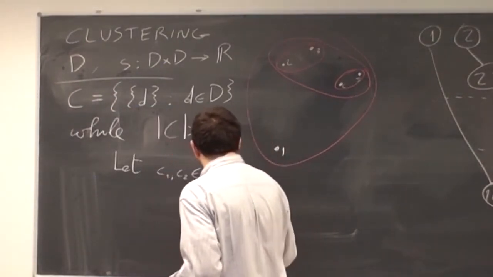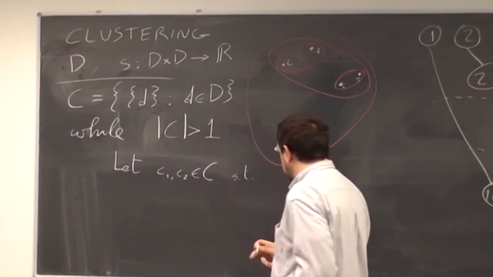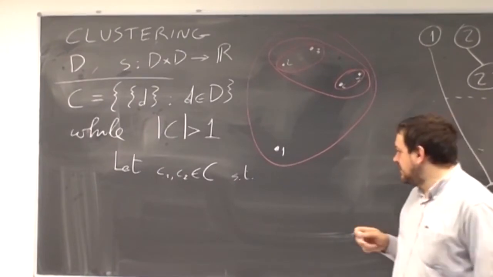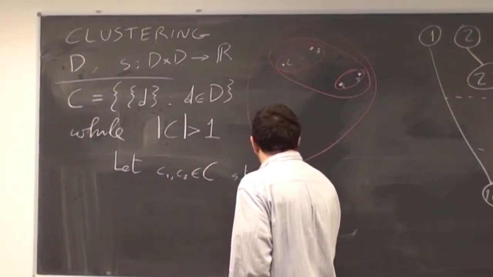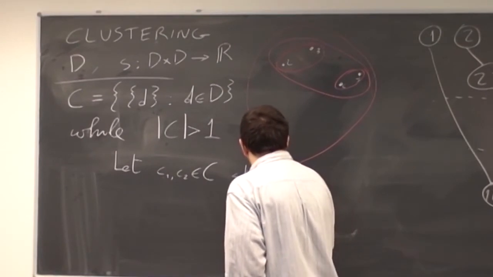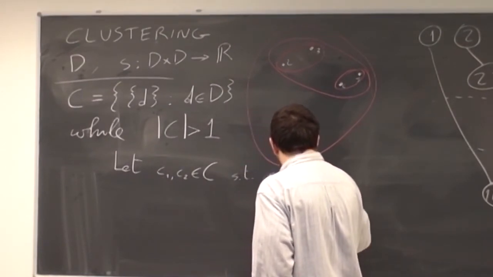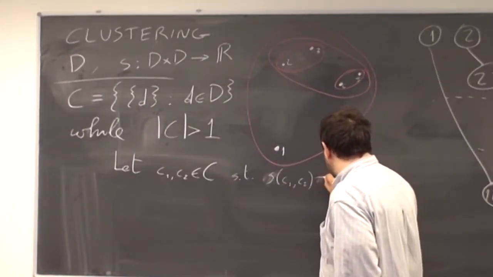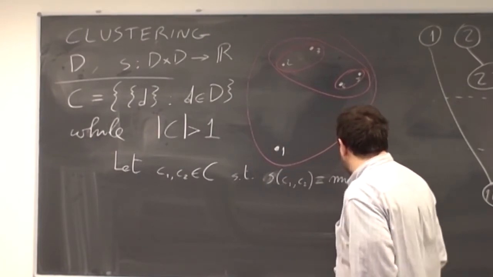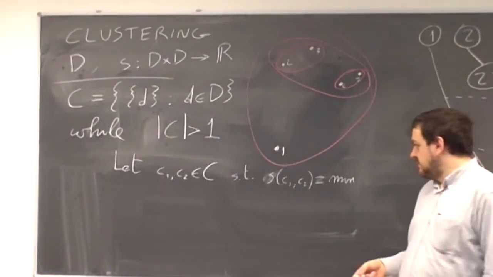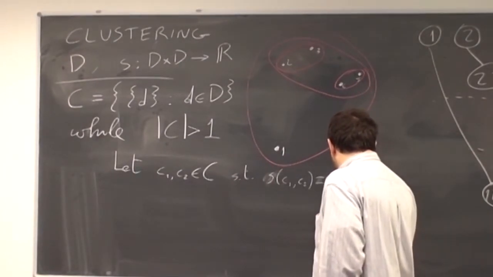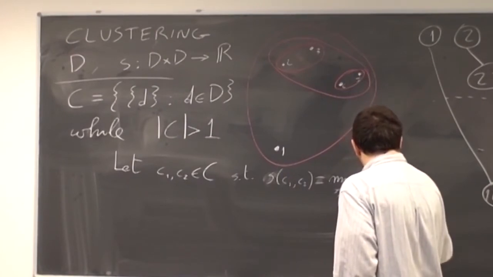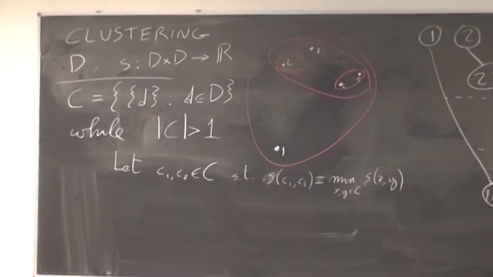So let C1 and C2 such that, of course there are many different ways of writing this, the similarity between C1 and C2 is the minimum for all x and y in C. Okay, for example this.